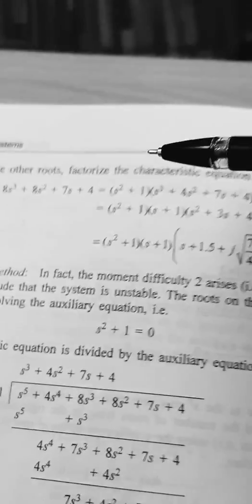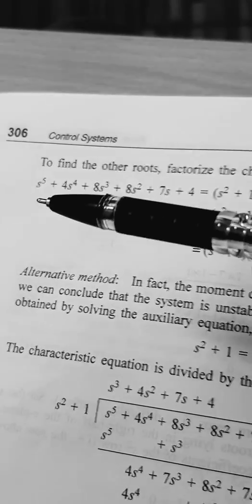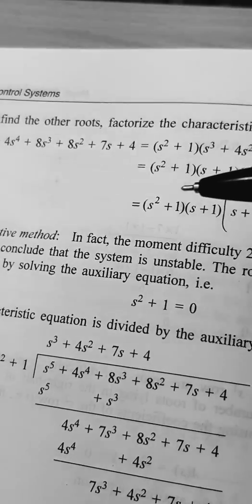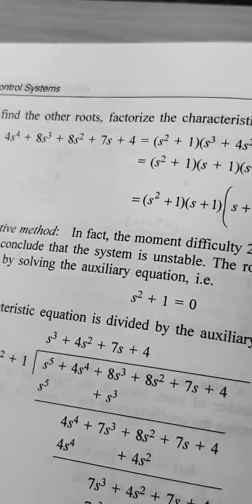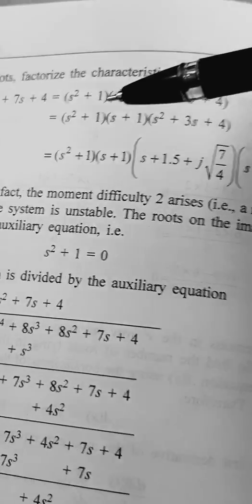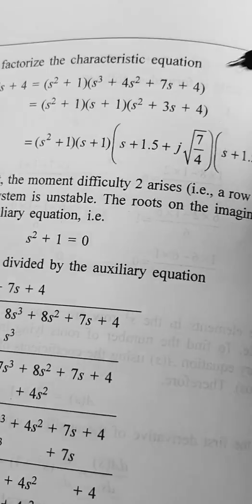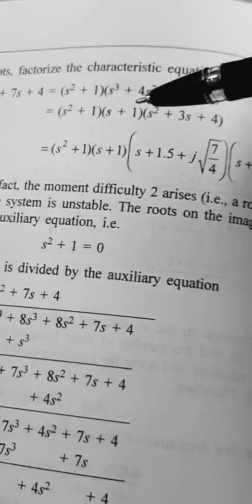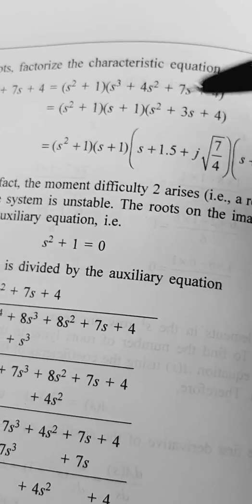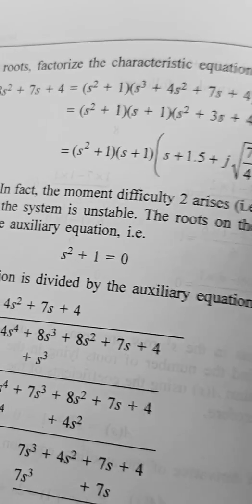Now in order to find the other roots, what you need to do is take the complete characteristic equation. This is your auxiliary equation. You find the remaining terms. That will be s raised to 4 plus 4s square plus 7s. That means this and this, if you multiply, you will get this.